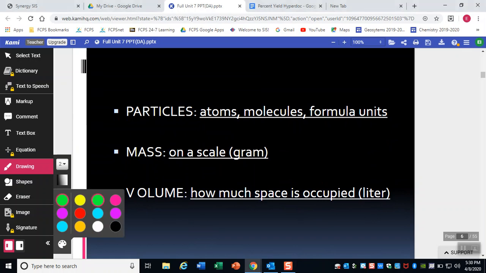Formula units would be like if I have water, H2O, right? I have 2 moles of hydrogen and 1 mole of oxygen. It tells me again the mass, 1 mole would be like the mass number. And the volume is how much space is occupied in a liter.